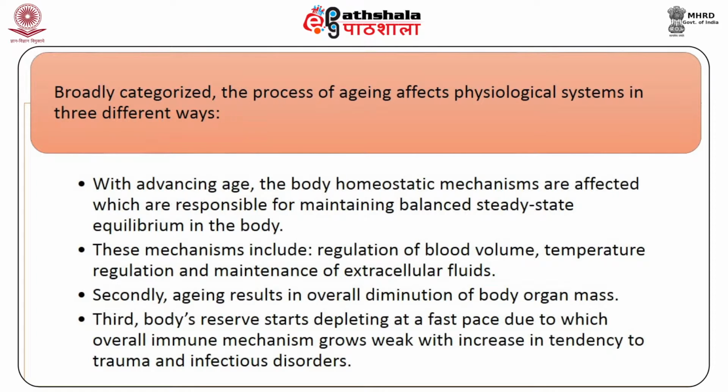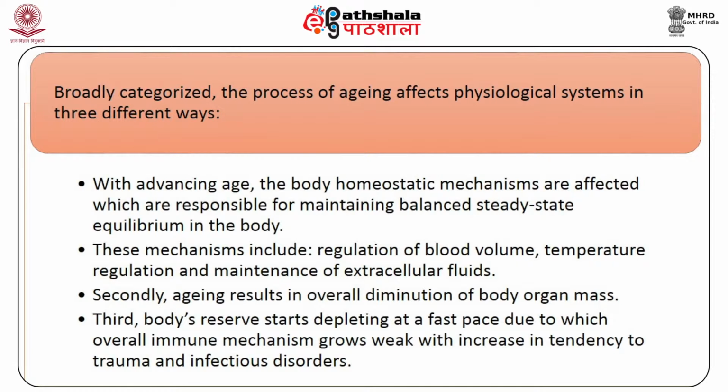Broadly categorized, the process of aging affects physiological systems in three ways. Firstly, with advancing age, the body's homeostatic mechanisms are affected, which are responsible for maintaining balanced, steady state equilibrium in the body. These mechanisms include regulation of blood volume, temperature regulation and maintenance of extracellular fluids.